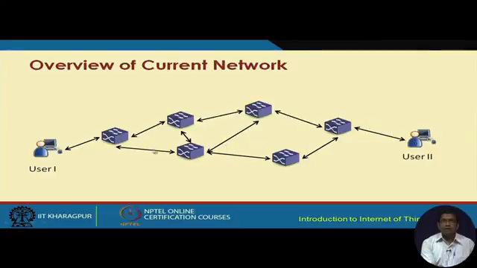Another possible route is maybe like this, and another possibility is like this, and there are a few other possibilities also for the data to be sent from user 1 to user 2. So, we have multiple different routes, and the packet traverses through multiple L3 switches, and this is how it looks.